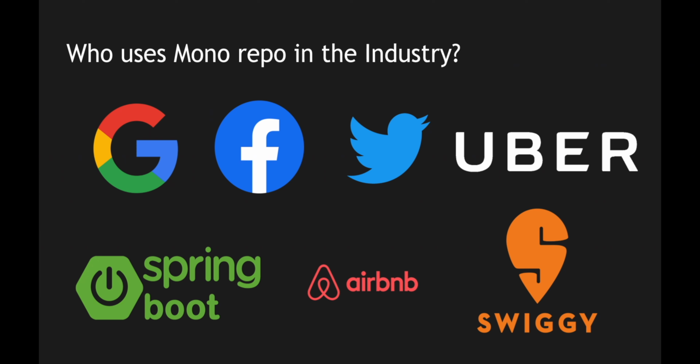Under VMware you have Spring Boot, but VMware doesn't have a single or organizational monorepo. Instead, Spring Boot as a project has a separate monorepo. Same with Airbnb. Airbnb has a monorepo for their UI code and also a monorepo for their backend code. So these are two different repositories which they have separately. In case of Swiggy, I will explain that in the coming slides.